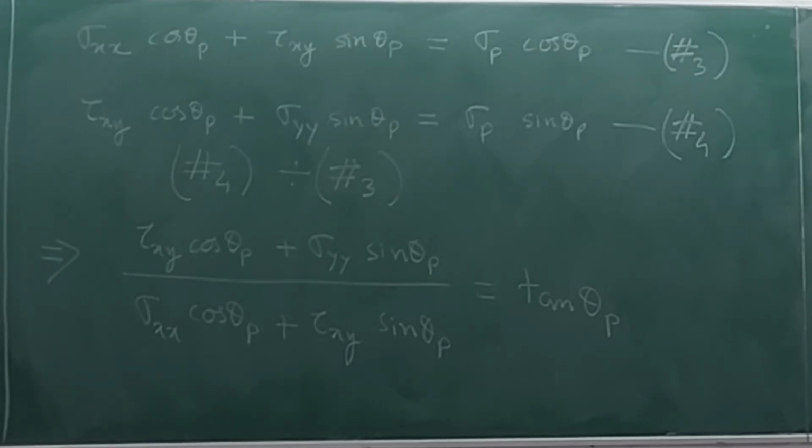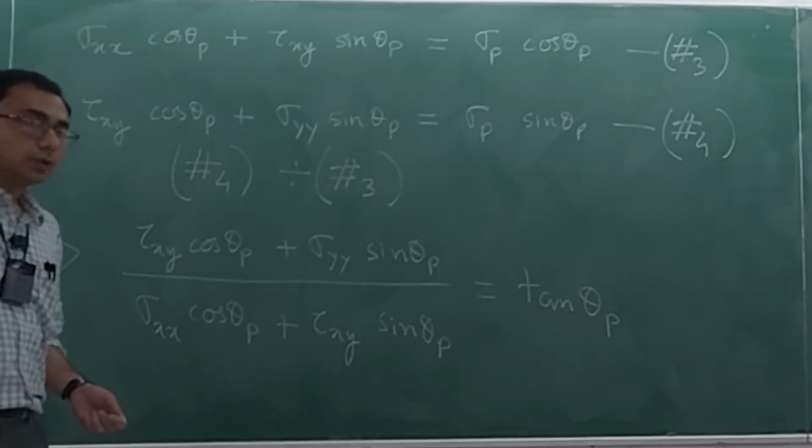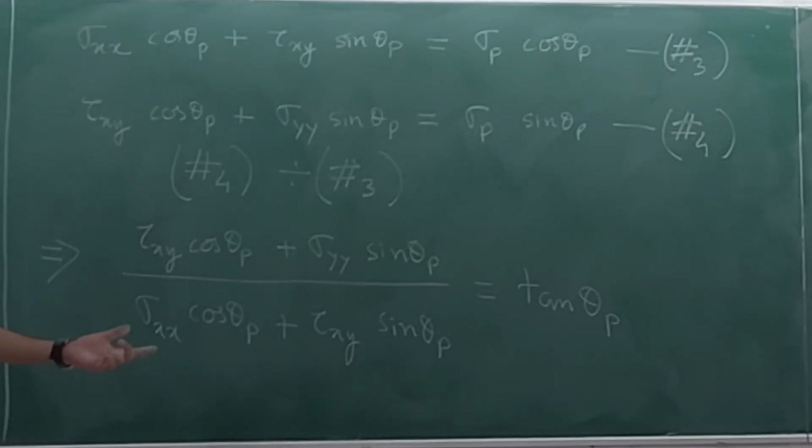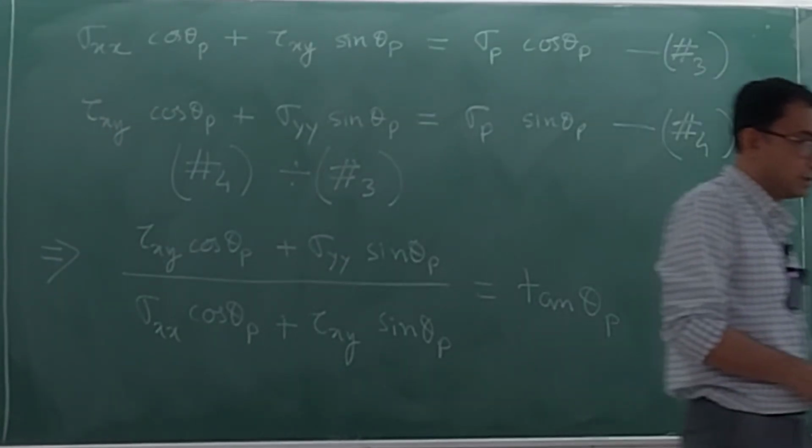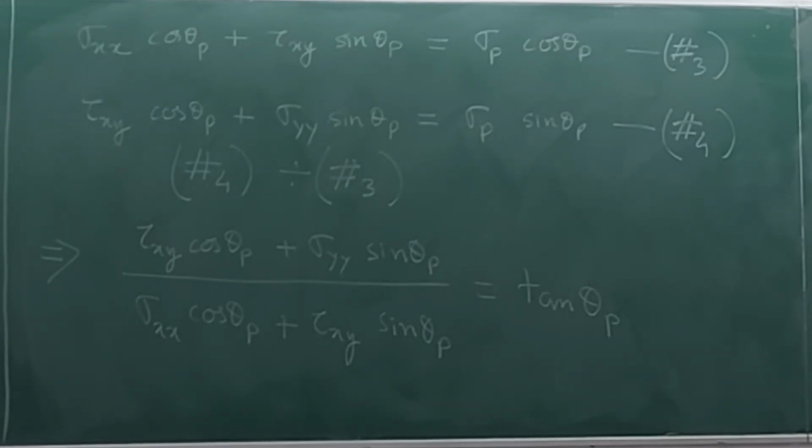What do I do? Well, algebraic manipulation as always. We want to find out the theta p expression. We want to arrive at such a step where the theta p's will all be on the same side.